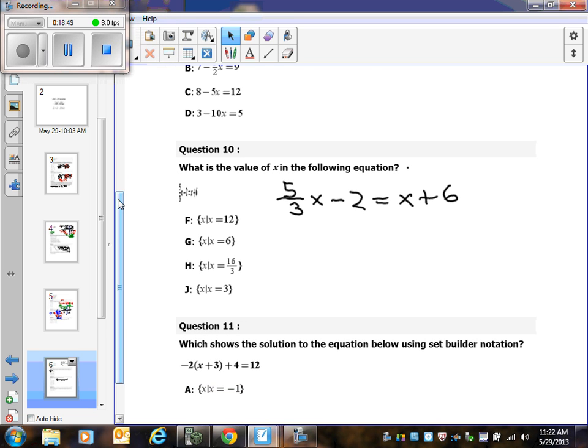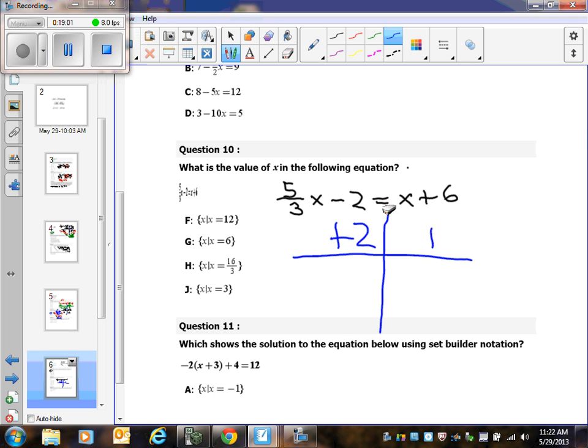All right. Now, let's go ahead and separate our 2 sides. I'm going to add 2 to both sides first. And then we'll be left with 5/3 x is equal to x plus 8. Now, I really need to get rid of this fraction, so I'm going to multiply both sides by the LCD. And the LCD here is 3.